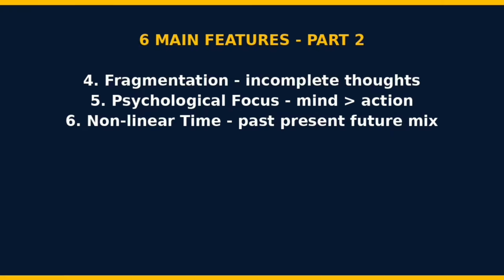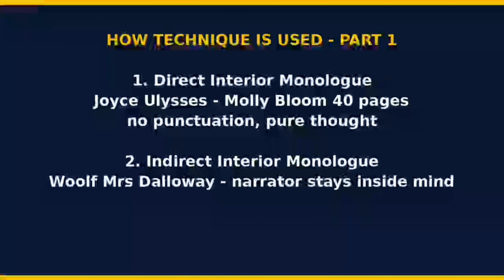How is the technique used? Direct interior monologue: Joyce's Ulysses, Molly Bloom, 40 pages, no punctuation, pure thought. Indirect interior monologue: Woolf, Mrs. Dalloway, the narrator stays inside the mind. Now, the most important part of the answer: how is the technique actually put to use in modern fiction?